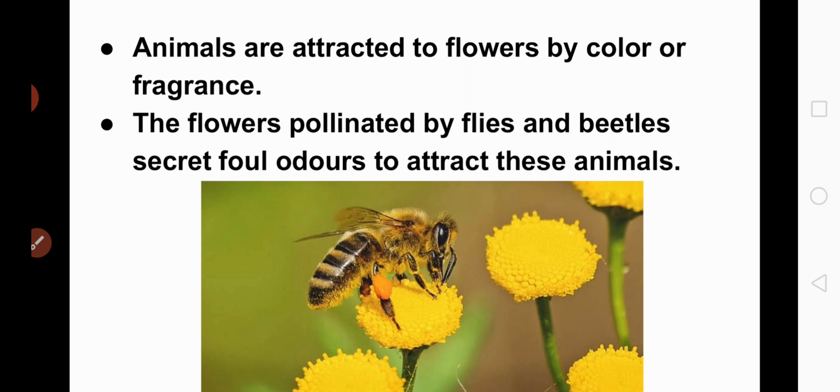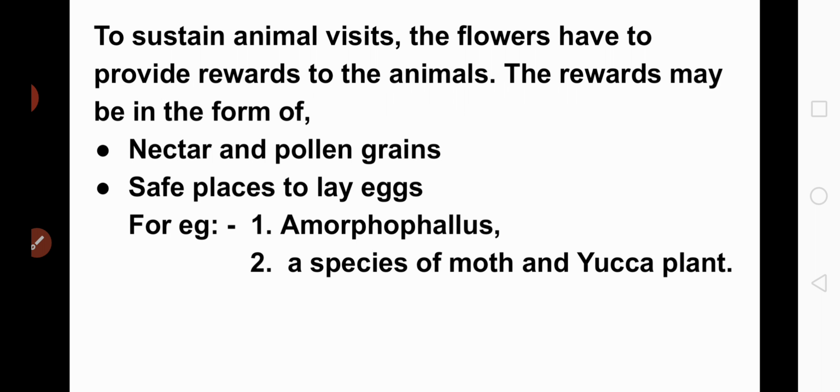Understood? To sustain animal visits, the flowers have to provide certain rewards to the animals.